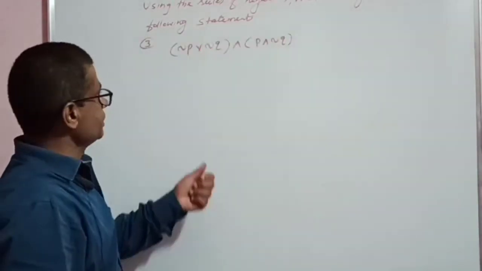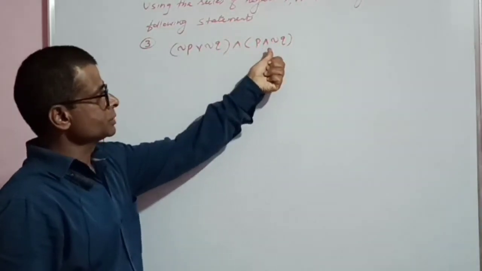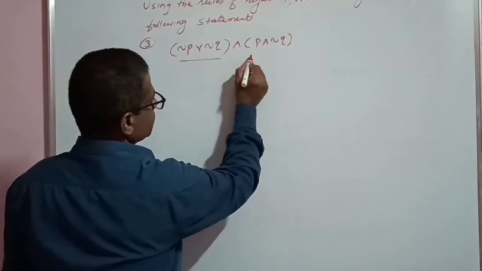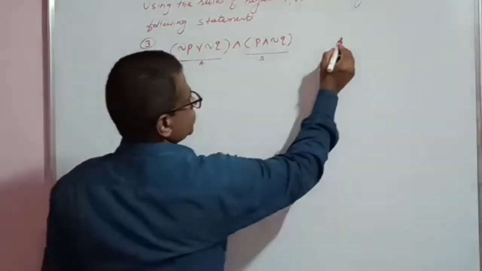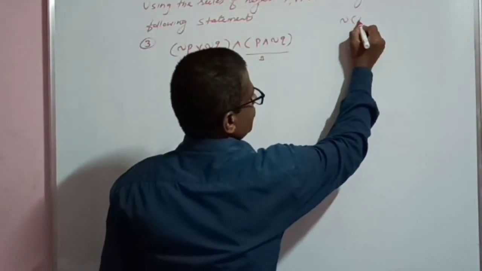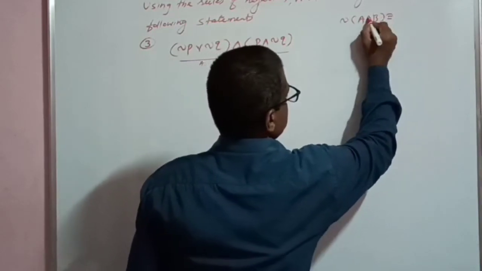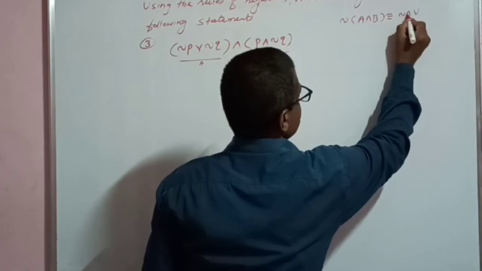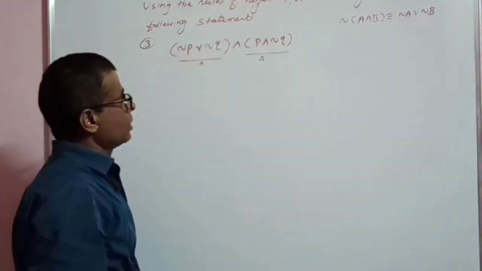The next example is negation of P disjunction negation of Q conjunction P conjunction negation of Q. Again it is a conjunction between two statements, say A and B. If you take the negation of A conjunction B, conjunction changes to disjunction, in order to write the negation of each statement, negation of A, negation of B. That is nothing but De Morgan's law.